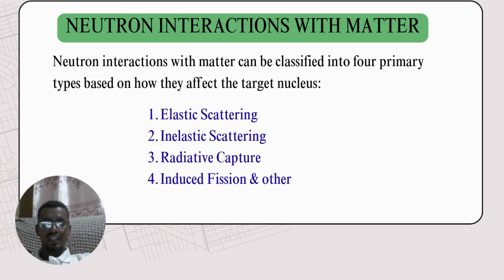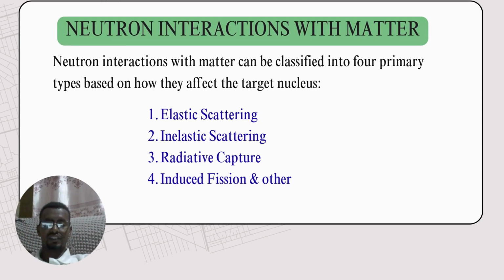The first one is elastic scattering, the second is inelastic scattering, the third is radiative capture, and the fourth is induced fission. There are others too, but we do not include them in this lecture. We will see them in a future episode of the nuclear physics lecture series.